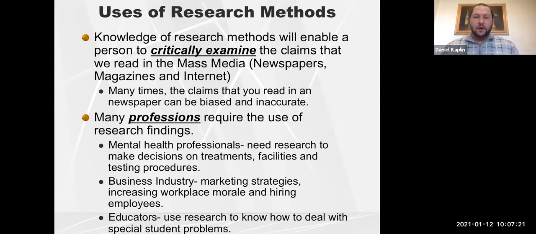If you have a good understanding of research, if they cite a study and misrepresent it, you could go back to the article and be able to determine where they went wrong. So it allows us to critically examine claims that are made.